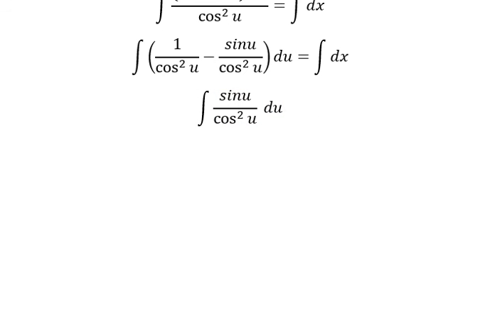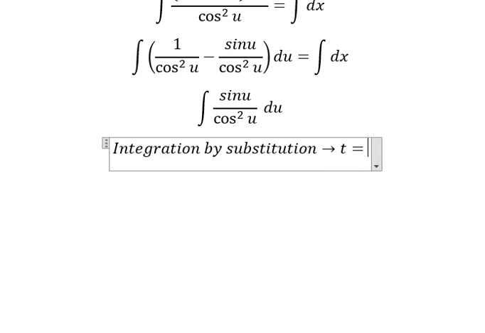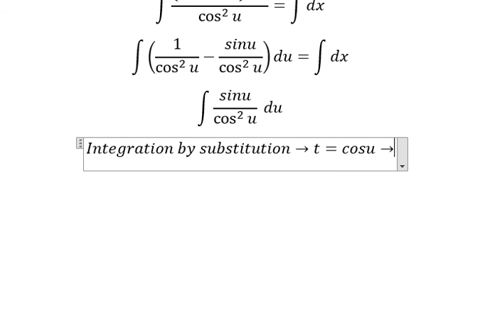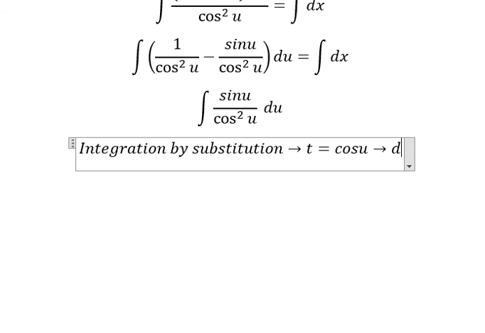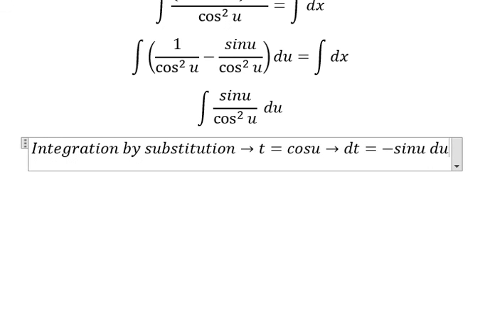So we need to use integration by substitution. So I will put t equal to cosine u. After that, we take the first derivative for both sides, and we have dt equals to negative sin u du.